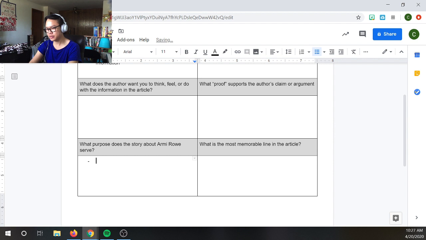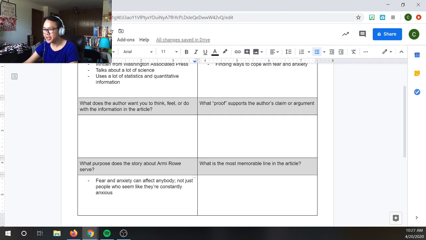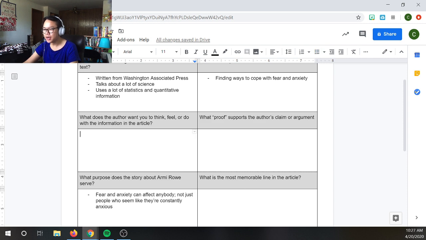So I guess fear and anxiety can affect anybody, not just people who seem like they're constantly anxious. I'm also starting to see some of the purpose of what the author wants us to think, feel, or do with the information.